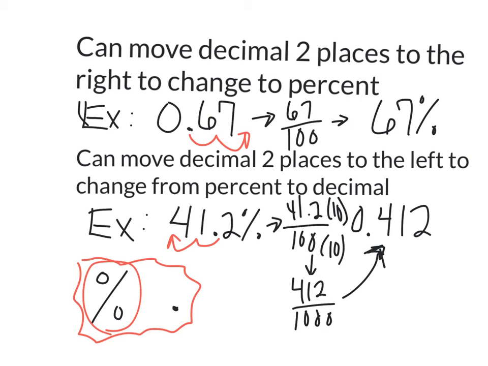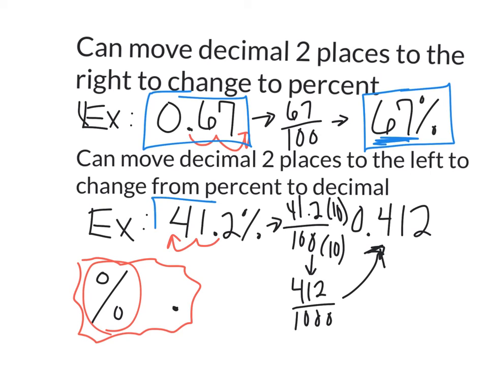So what that means is that your number, if you ignore the percent sign, our number as a percent, in this case 67, is bigger than 67 hundredths, right? Okay, our number here, 41.2, is bigger than 412 thousandths. So that's just a way to help you remember whether your decimal needs to get moved to the left or to the right.